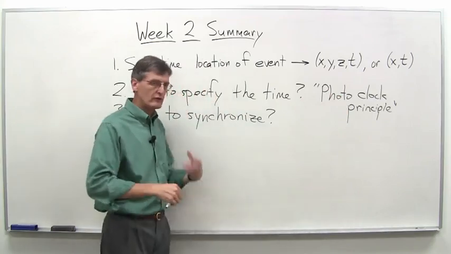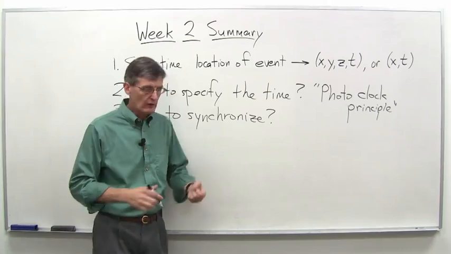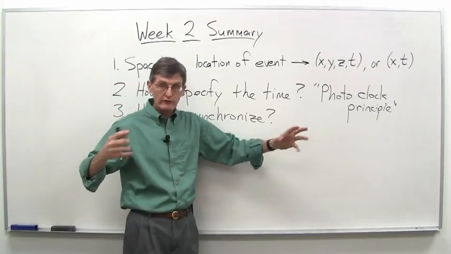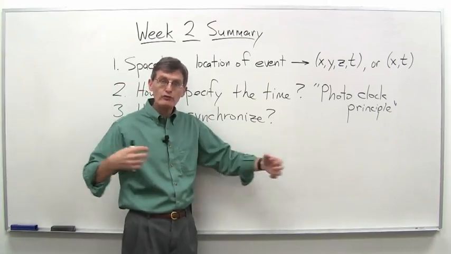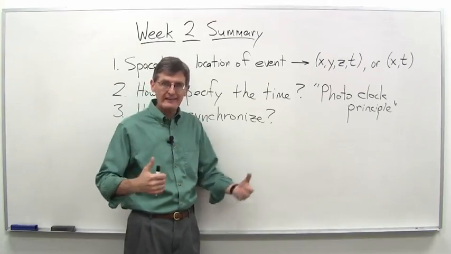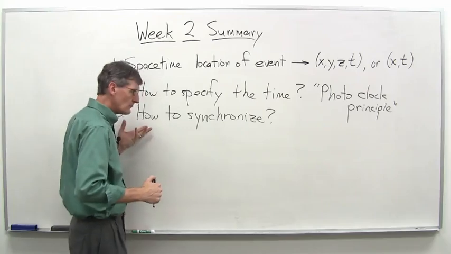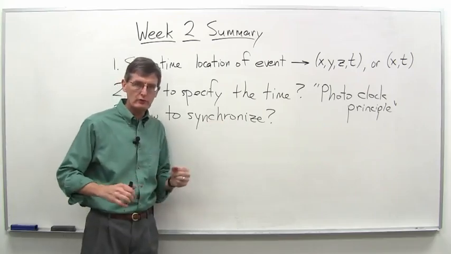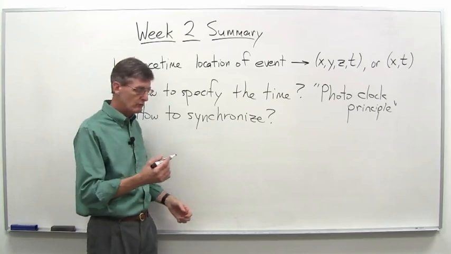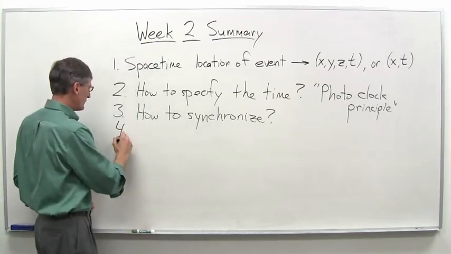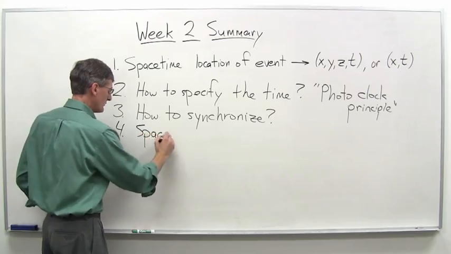So that is certainly another way we could synchronize all our clocks, and it avoids this little problem of clocks getting out of sync once you start moving them with respect to each other. So we considered the problem of how to synchronize and talked about those two methods. Then we moved on to space-time diagrams.